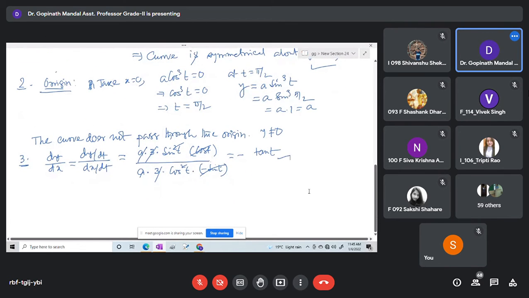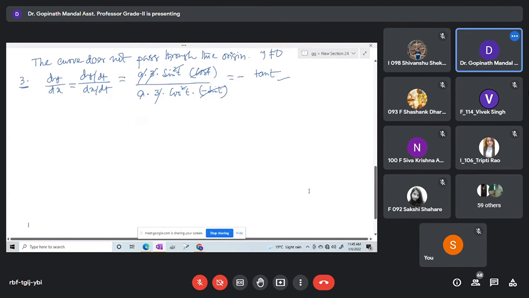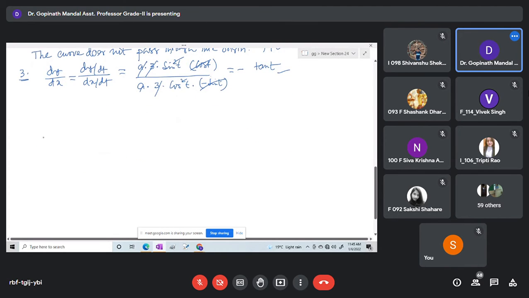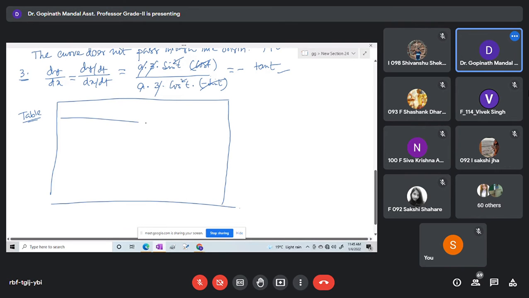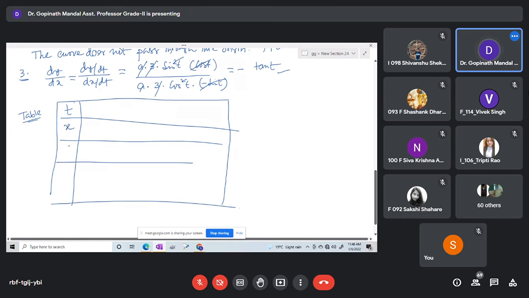Now make a table with columns t, x, y and dy by dx.